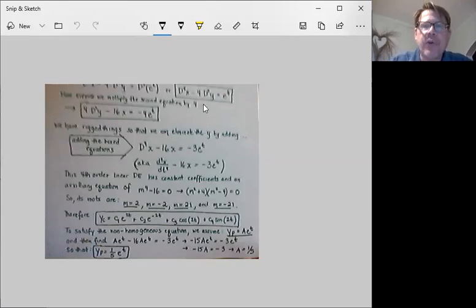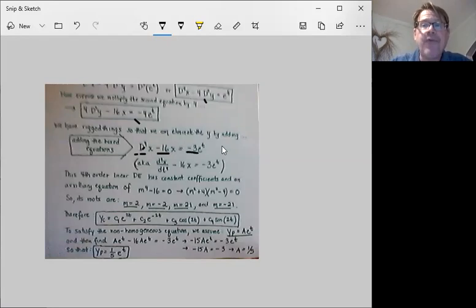That's what we're going to do. In doing that, the left-hand side has a fourth derivative of x and a minus 16x left over, so we have the fourth derivative of x minus 16x. And when I add together the right sides, minus 4 e to the t plus e to the t, that gives me minus 3 e to the t.